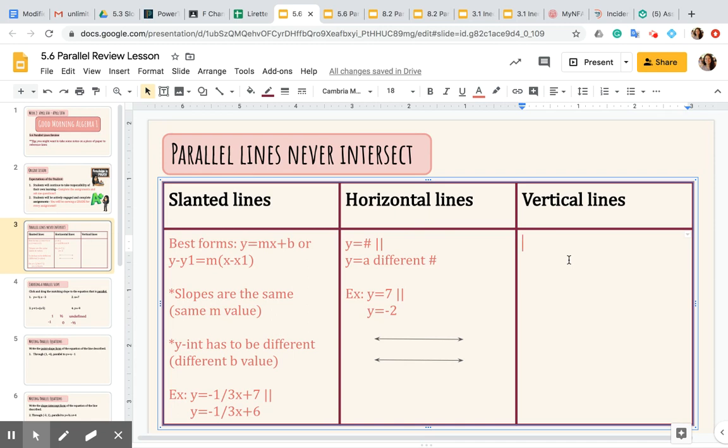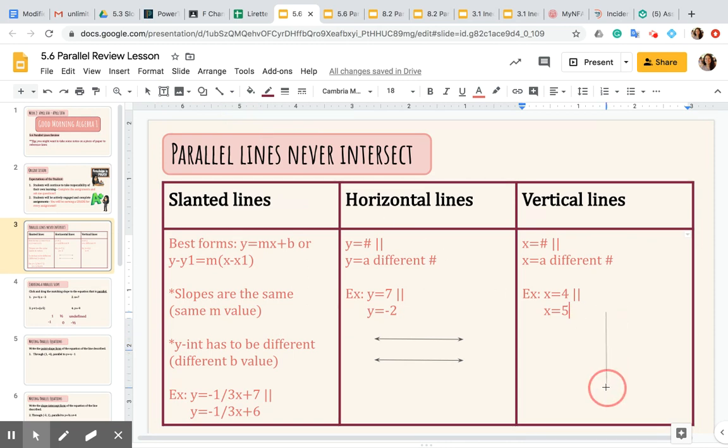Vertical lines only have an x. So if I give you x equals a number, this is going to be parallel to x equals a different number. For example, if I gave you x equals 4, this would be parallel to x equals a different number. It just can't be 4. So I'm going to say x equals 5. So a vertical line looks like this.